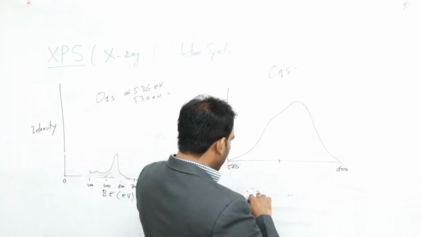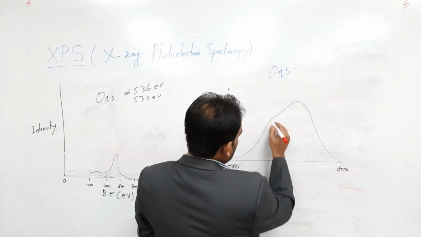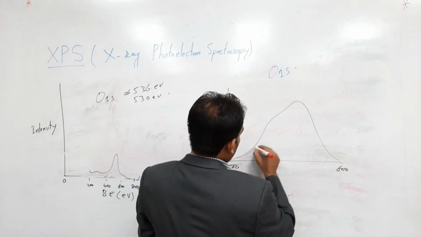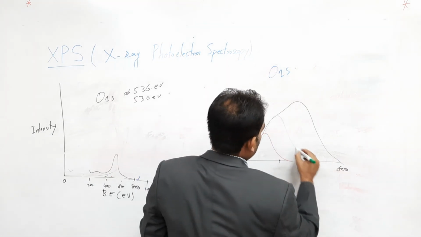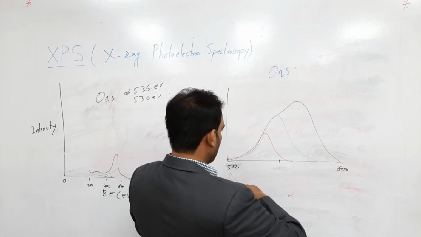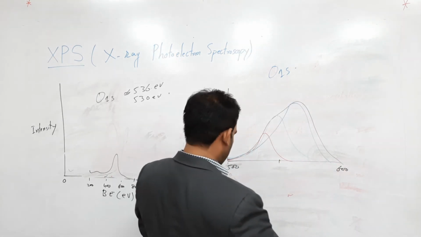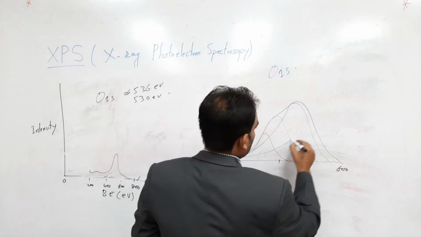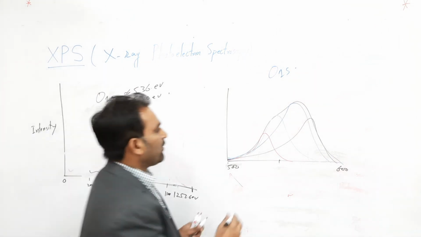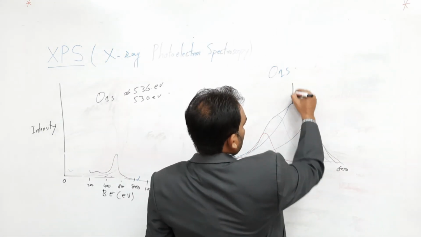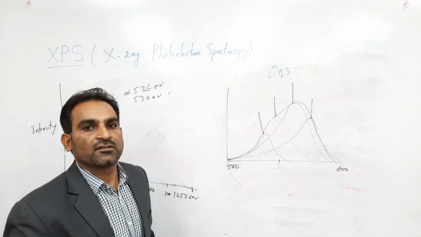Here, if you go for its deconvolution, we have 3 different parts. One over here, one over here, one over here, and another one here. So now you have oxygen bonded in different environments.